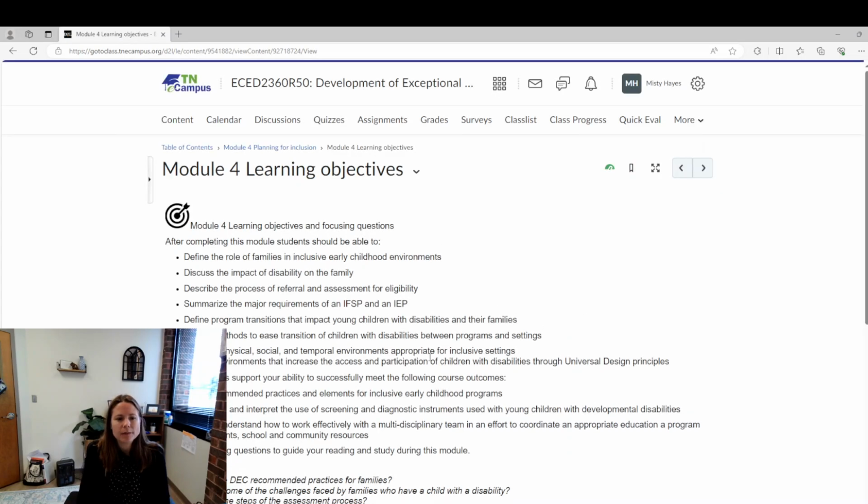So let's look at our learning objectives. We need to be able to identify the recommended programs and elements when we say inclusive early childhood programs. What does that look like? We also need to demonstrate and interpret the use of screening and diagnostic instruments when we're working with children with developmental disabilities. And this goes back to that evaluation process to see if they receive services either under IFSP or IEP.